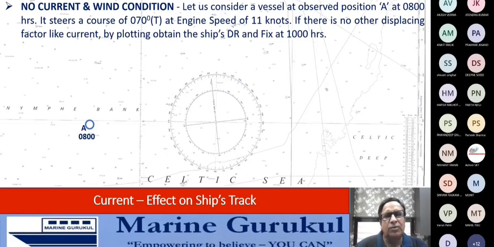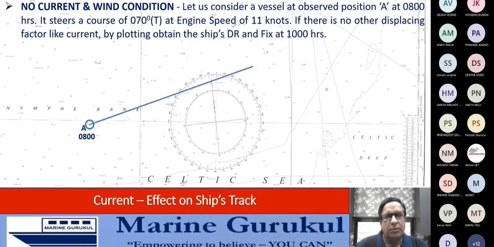Now, from the last known fix, which is 0800 hours, if we apply the ship's displacement vector because of her own propulsion, that is the CTS and the engine distance, that shall give us the DR, as we have already discussed under the DR explanation. So from A, we draw the CTS of 070 degrees true.